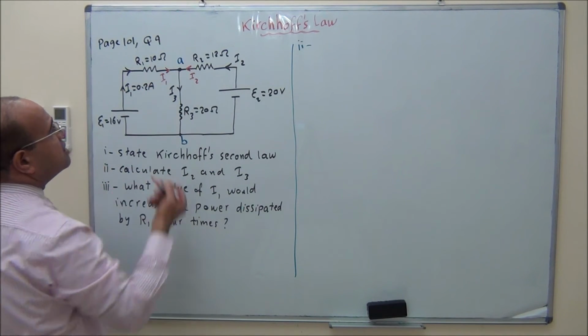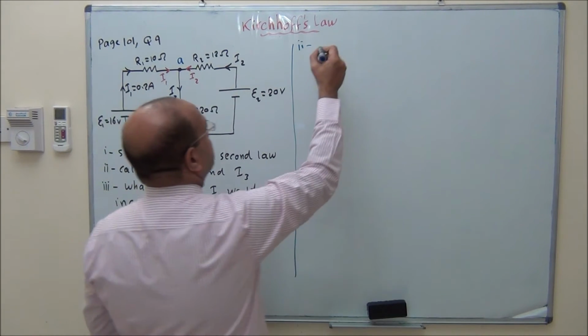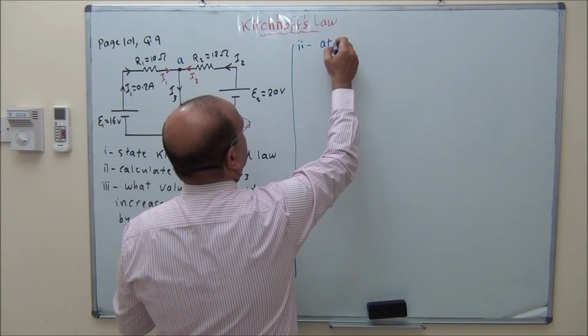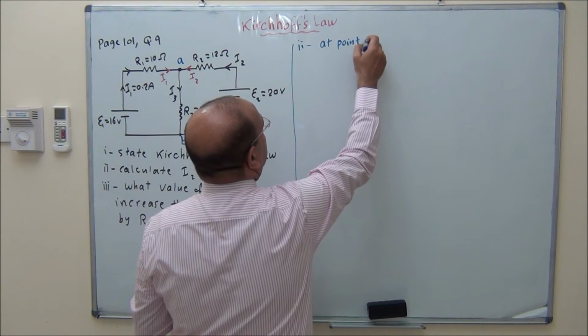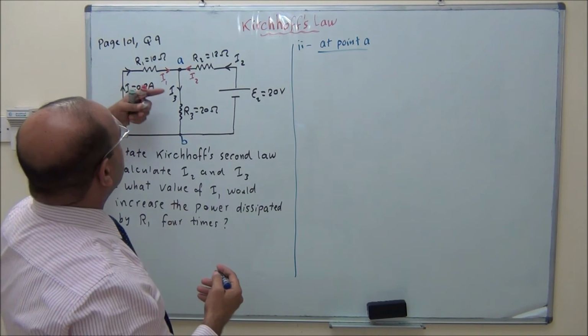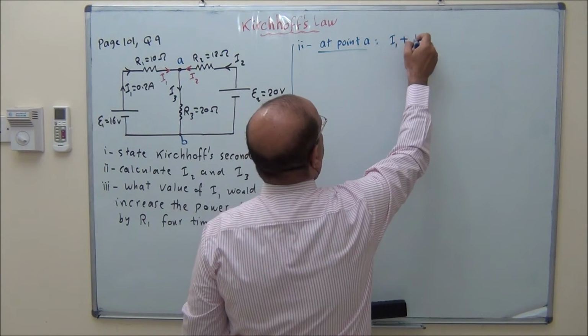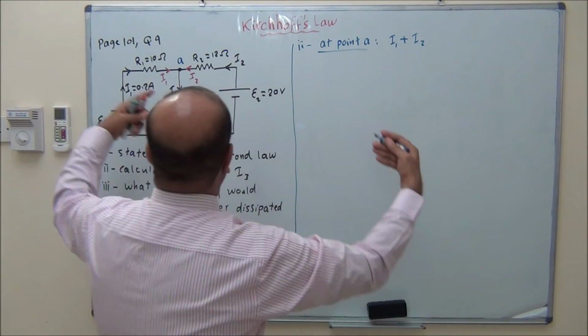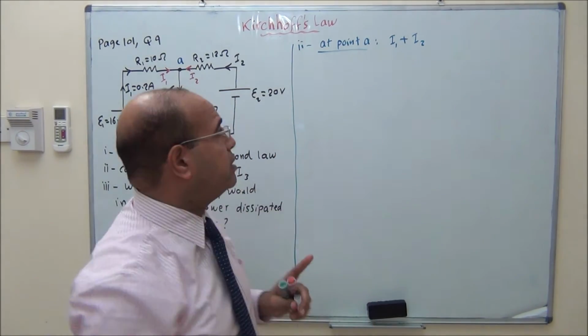And I3 is out. So, at the point A, we apply Kirchhoff's first law. At the point A, the sum of currents in it's I1 and I2. So, I1 plus I2. The sum of currents in equals the sum of currents out. Just one current, I3.